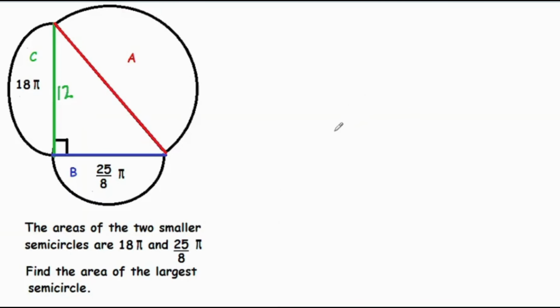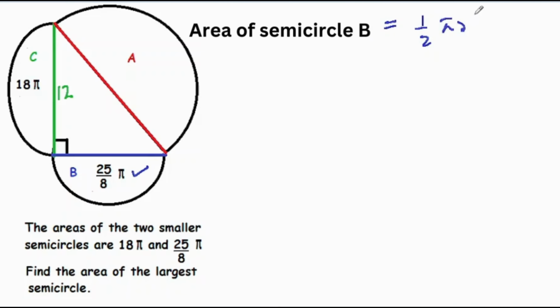Just as we did for semicircle C, we're going to do the same thing for semicircle B. We have the area of semicircle B to be 25 divided by 8 pi. So let's have it. Area of semicircle B is equals to half of pi r squared.